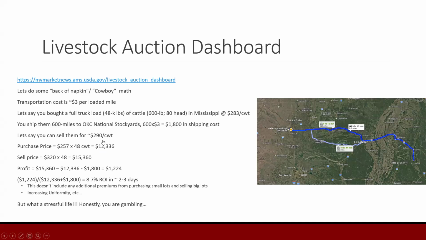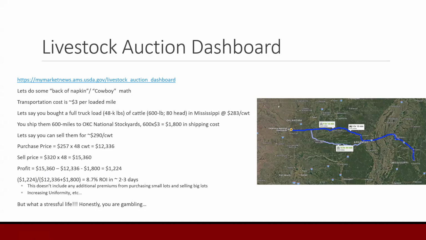I think this should have been 320 instead of 290. Mark that out, put 320 times the 48 hundredweight. So I could sell them for $15,360. Then $15,360 minus our purchase minus $1,800, which was our transportation cost. So we just made $1,200.